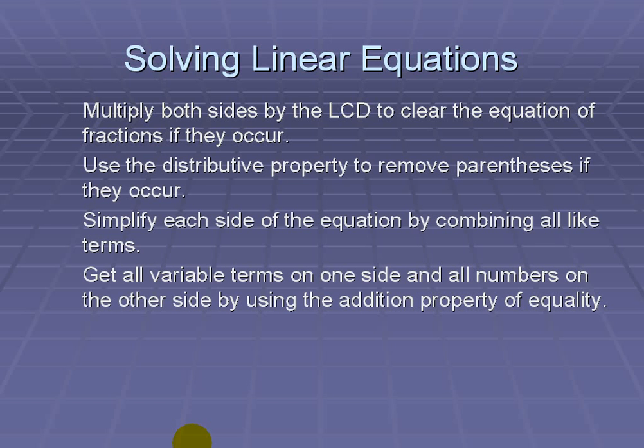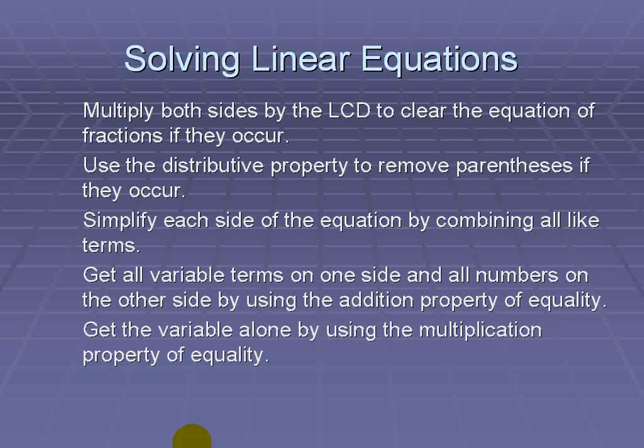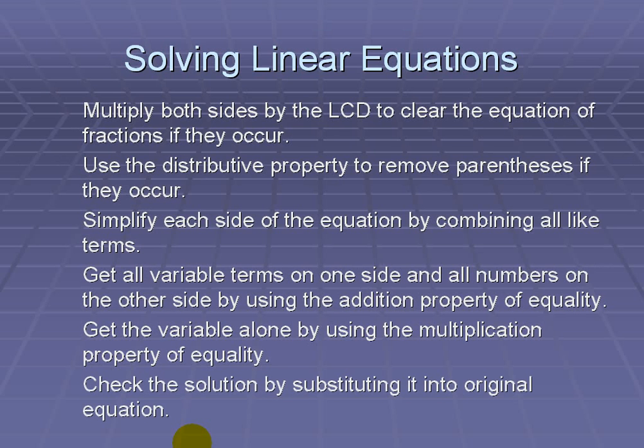Get all variable terms on one side and all numbers on the other side by using the addition property of equality. Get the variable alone by using the multiplication property of equality. And lastly, check the solution by substituting it into the original equation.